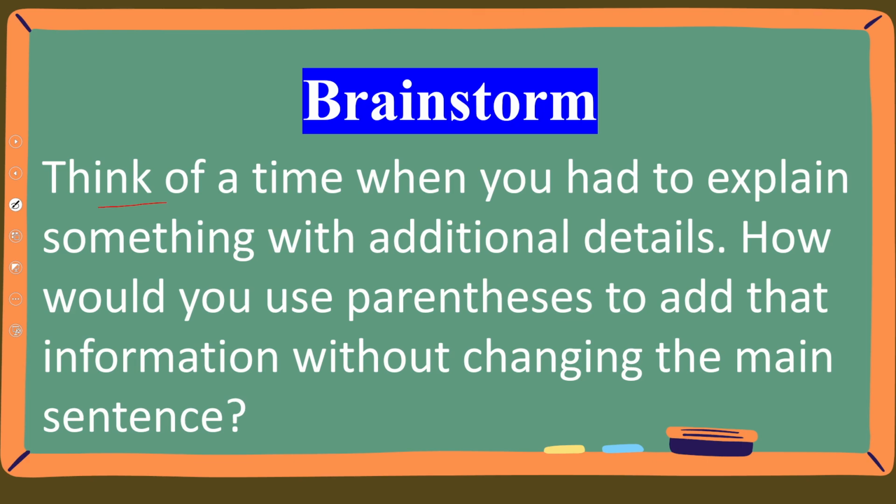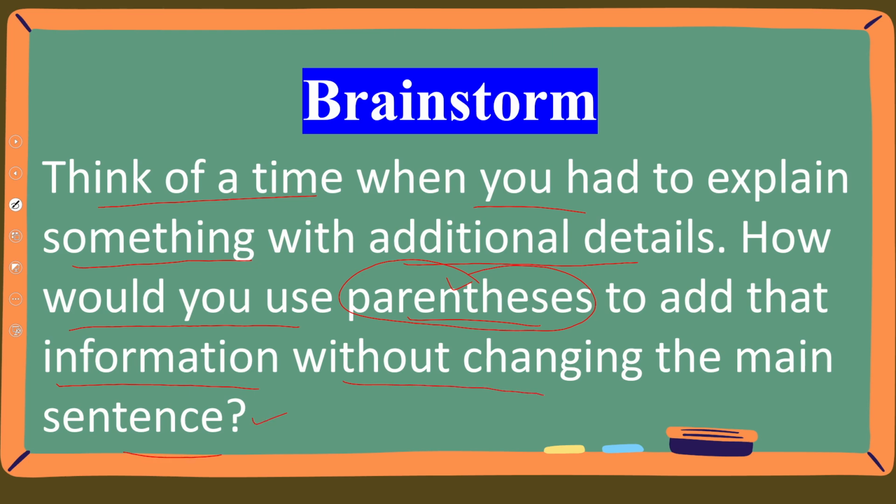Now, think of a time when you had to explain something with additional details. How would you use parentheses? This is the plural of parenthesis, used to add information without changing the main sentence.